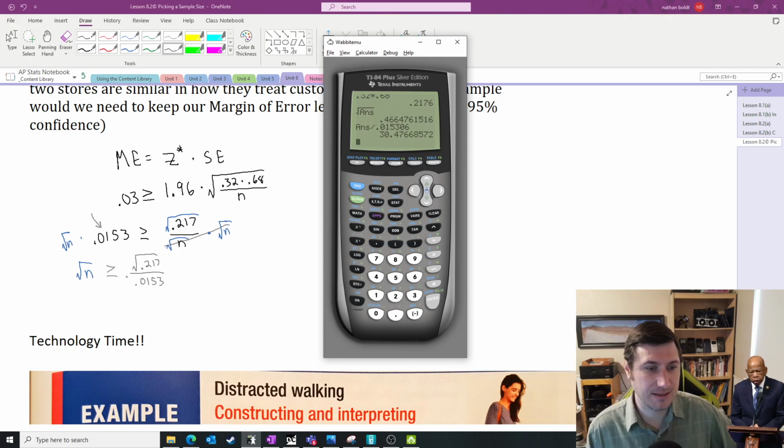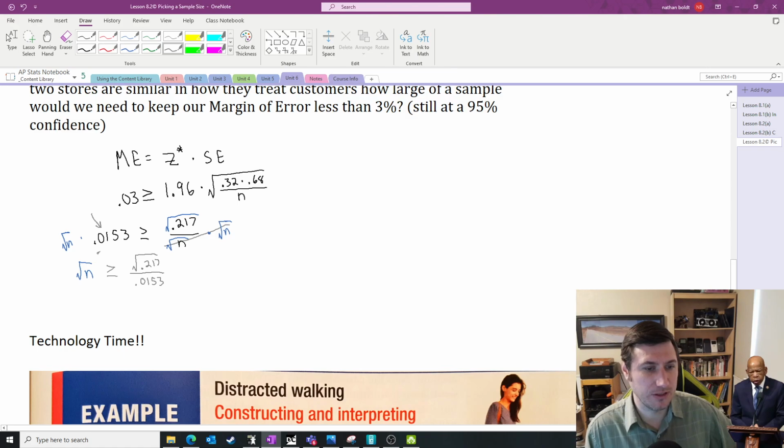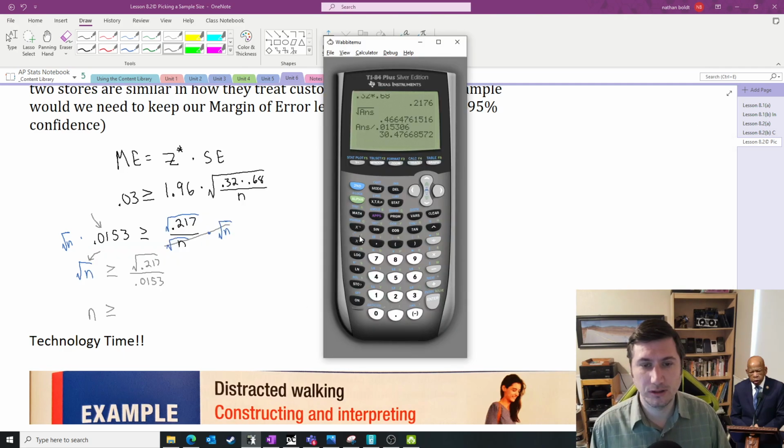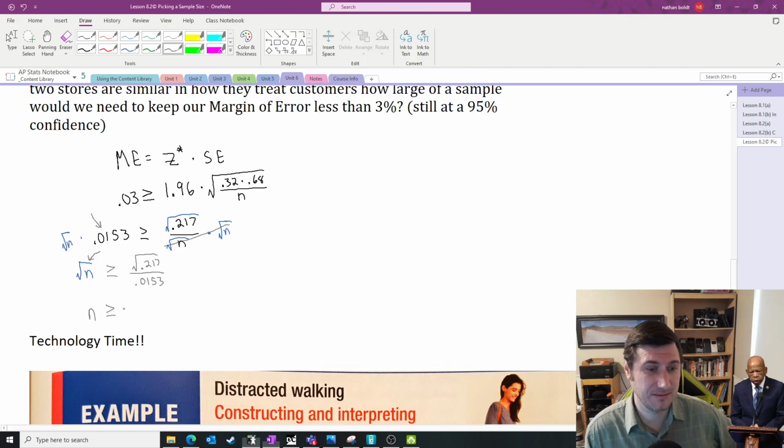What's my last step? I need to get rid of the square root. So I'm going to square both sides. If I square both sides, n will be greater than or equal to 928.8. So maybe round that up to 929.